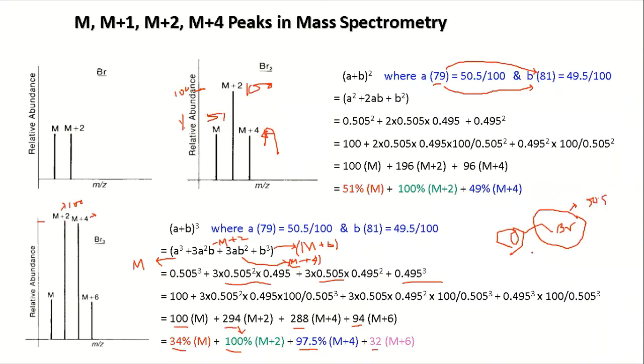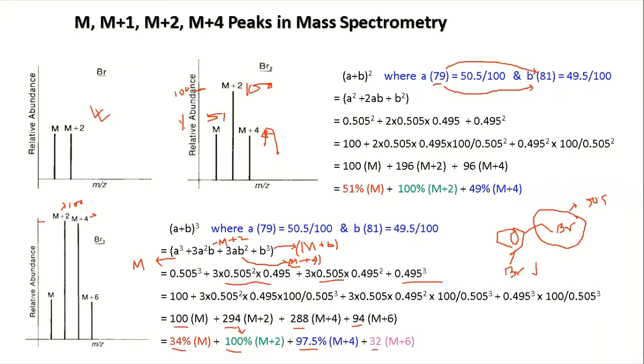So in the molecular ion region, whatever the molecular peak, that will have this distribution. Got it? Almost this distribution, 50.5 and 49.5. Suppose I have 2 bromines, this is one bromine, this is another.